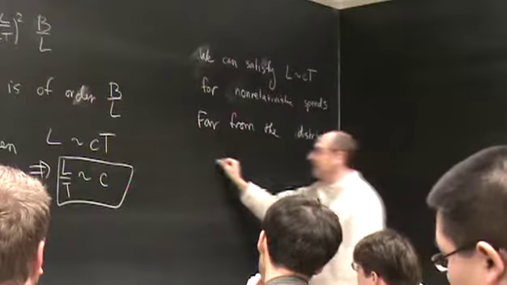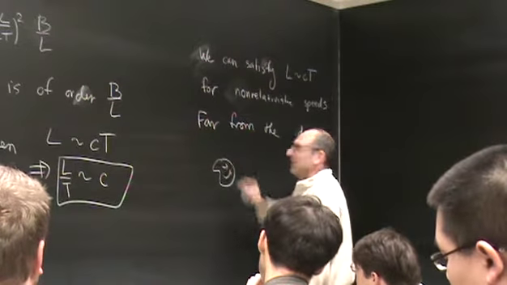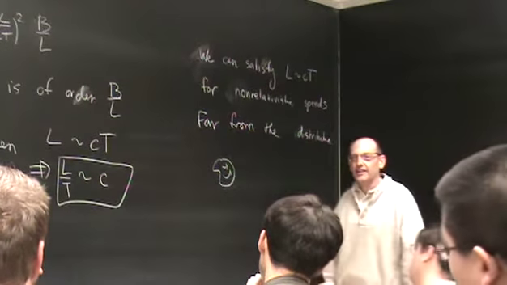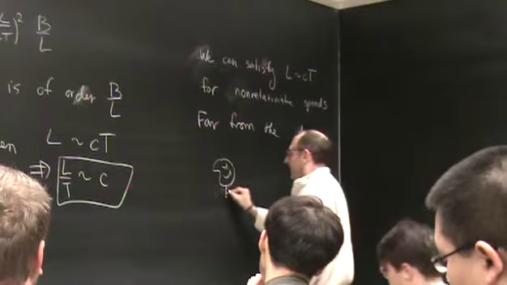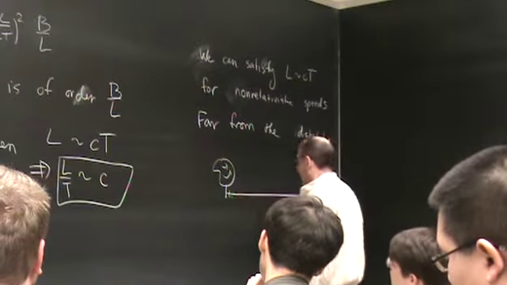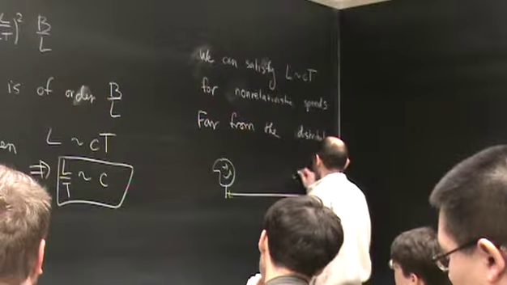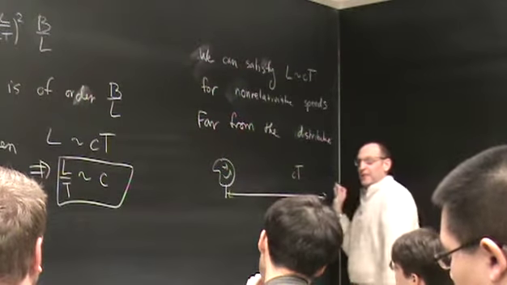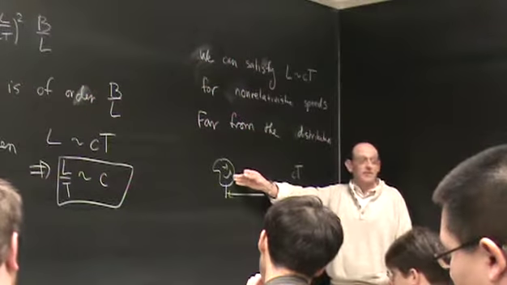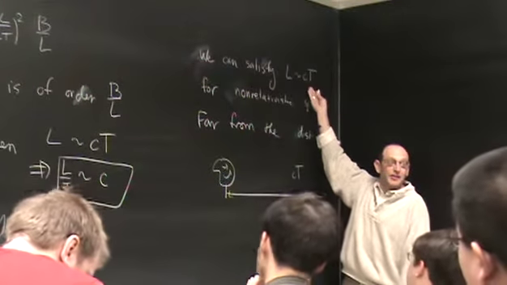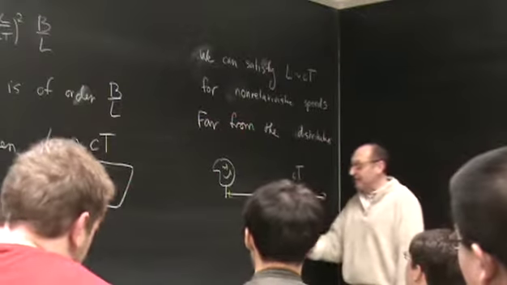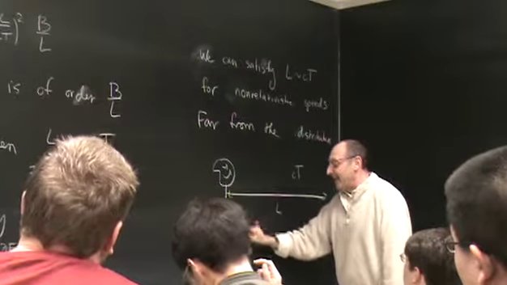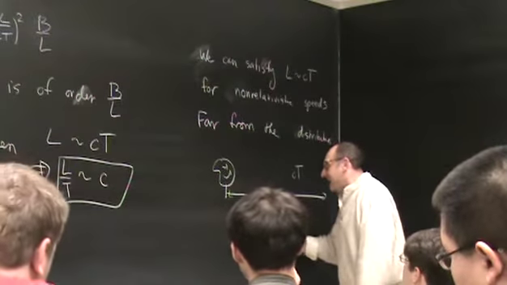In other words, here's the distribution, things are moving around here, but here's L equal to cT. As long as I'm looking very, very far away from the distribution, I can have this be true. And this is called electromagnetic radiation.